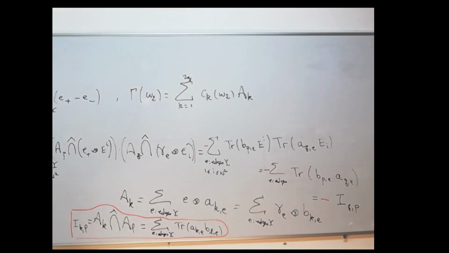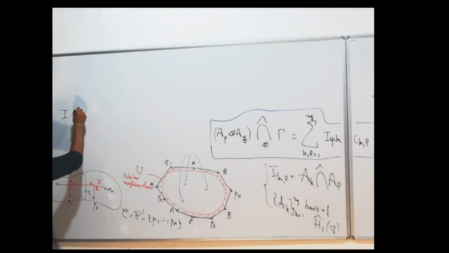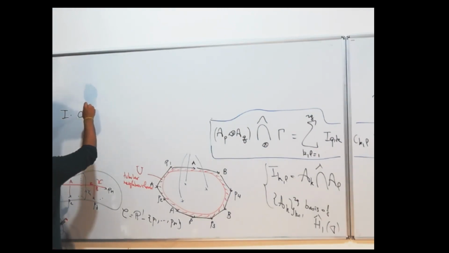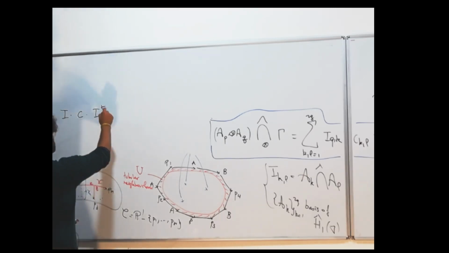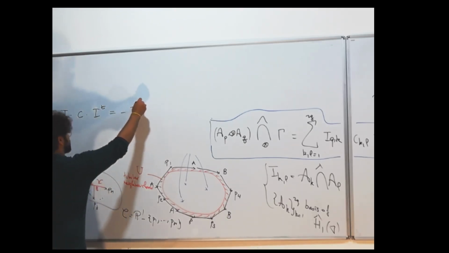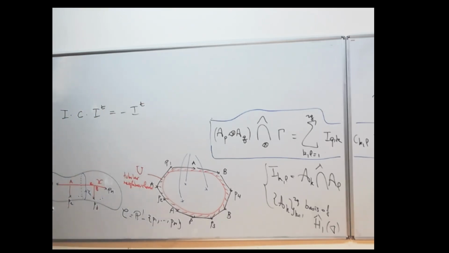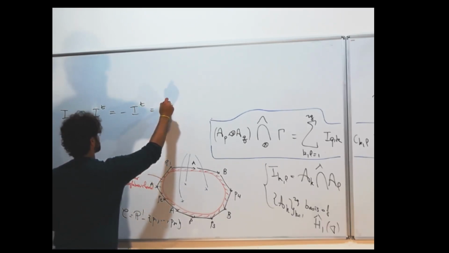We have PK, KL in this. So this is I times C times I transpose, which is equal to minus I transpose, okay, which is I.